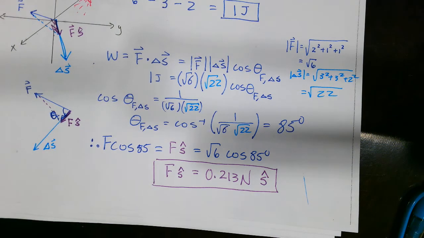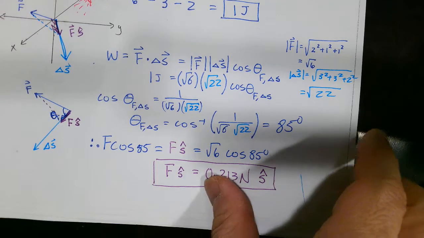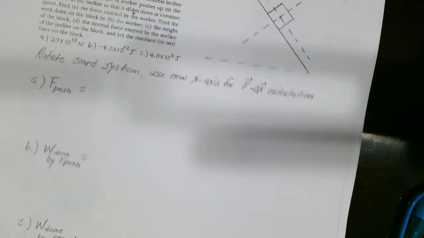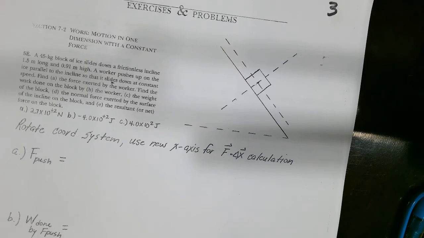All righty. Let's take a look at the next problem. All right, so these are exercises. So here, motion in one dimension with constant force. Okay, so a 45 kilogram block of ice slides down a frictionless incline 1.5 meters long and 0.91 meters high.